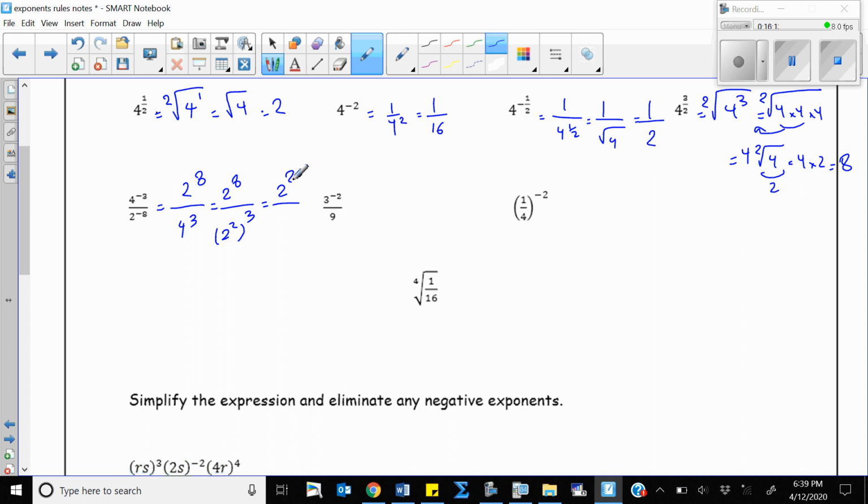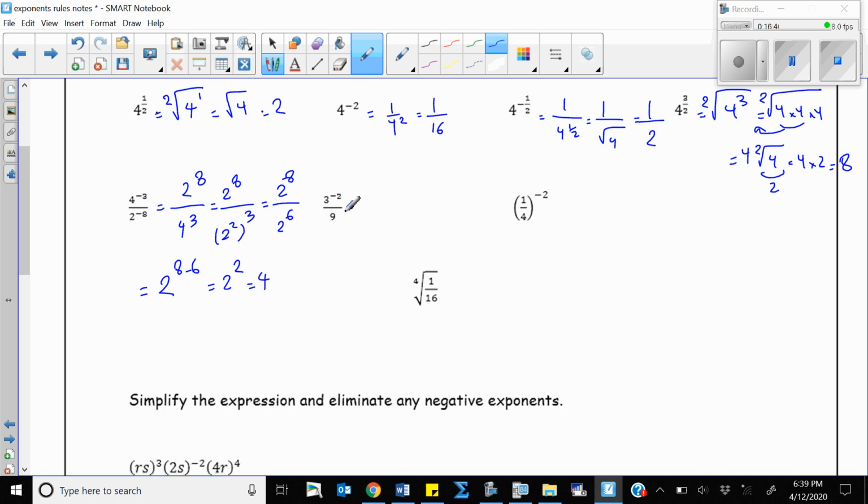So top is 2 to the 8 and the bottom I have a power of a power. So I multiply the powers. This will be 2 to the power of 2 times 3, which is 6. Now I'm going to keep the base and subtract the powers. 8 minus 6 will be 2 to the power of 2, which is equal to 4.